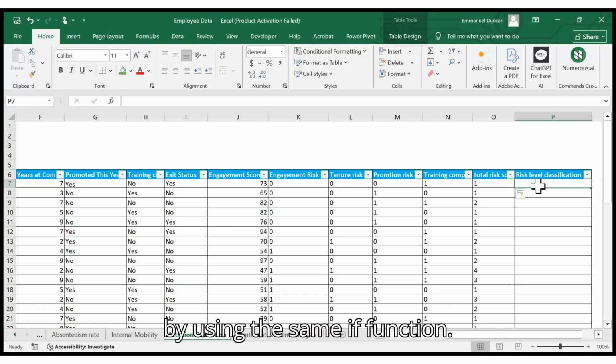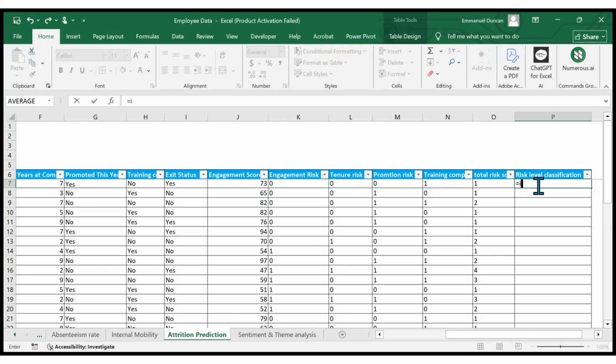by using the same if function. Select your total risk score. If the risk score is greater than or equal to 3, it's high.